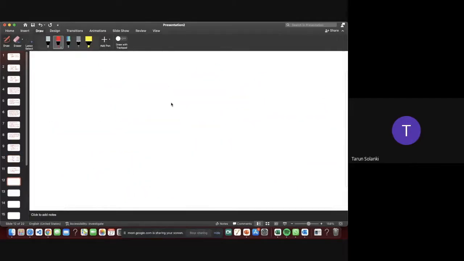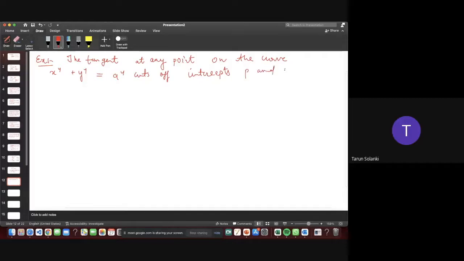So now let's look at an example. The tangent at any point on the curve x^4 plus y^4 is equal to a^4 cuts off intercepts P and Q on the coordinate axis.